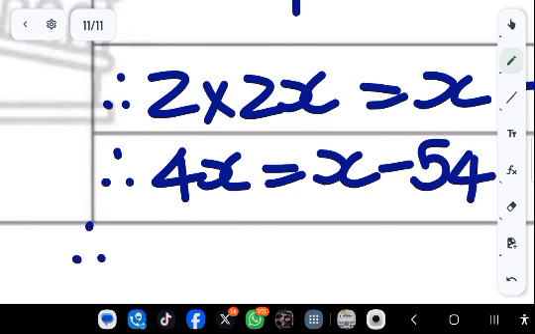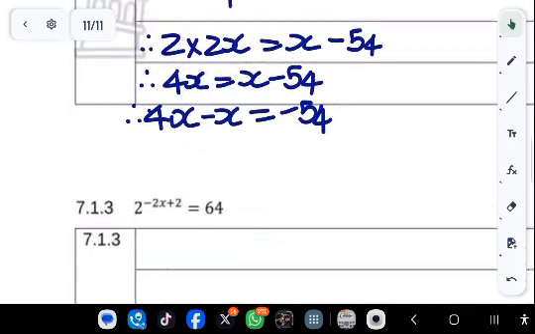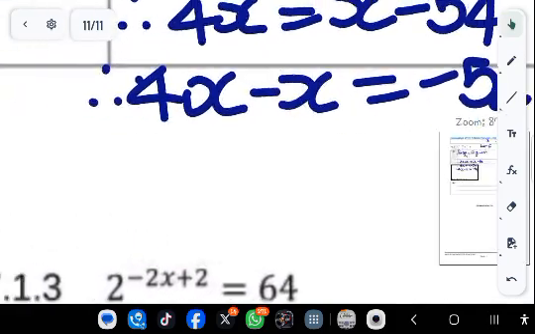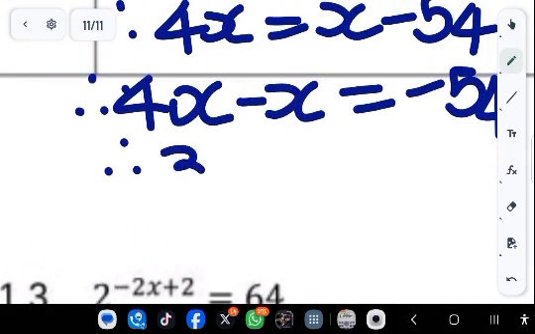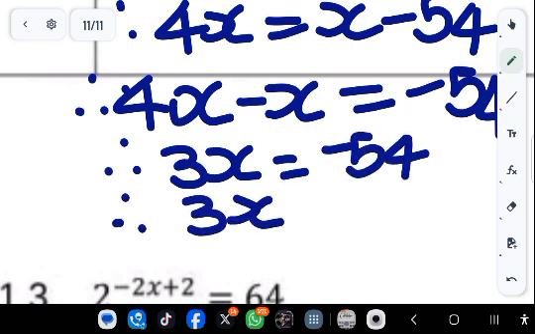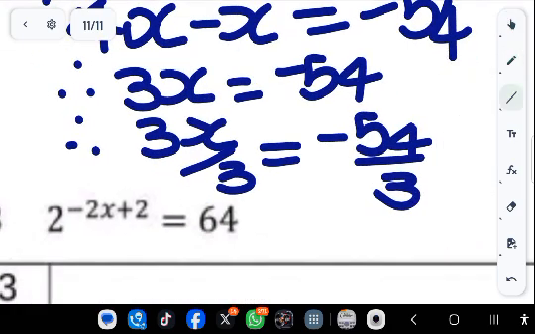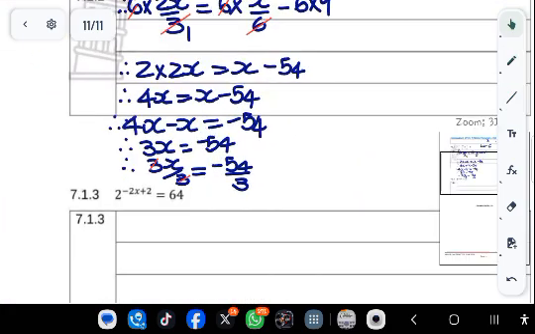Take everything with x to the left hand side, and the numbers, leave them on the right hand side. Now let's solve for x. Therefore 3x equals negative 54, and now we divide both sides by 3. Negative 54 over 3, the 3's cancel out.